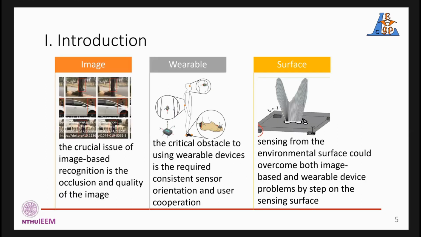But of course, they have drawbacks. For image-based methods, the crucial issue is that sometimes your body parts could be covered or blocked, which would definitely influence the accuracy of identification. For wearable devices, the crucial obstacle is that you have to wear them. If the user doesn't want to wear the wearable sensor, or forgets, especially older adults, then the wearable device becomes useless.